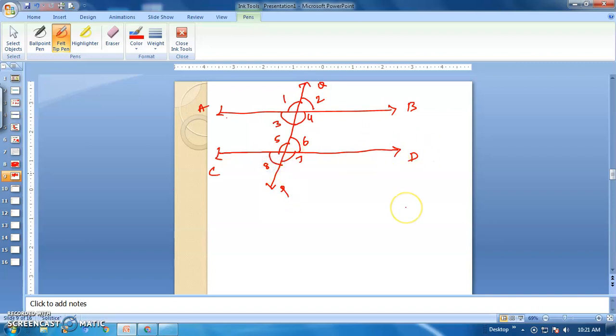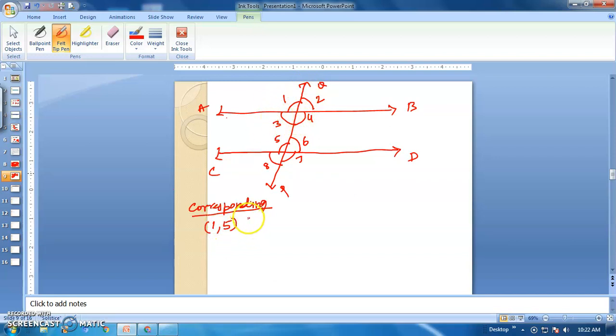So here I am classifying the angles. First one, corresponding angles. What are the corresponding angles? Angle 1, 5, because they lie above the parallel lines and on the same side of the transversal, that is, the left-hand side of the transversal.